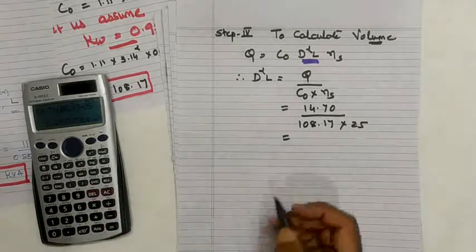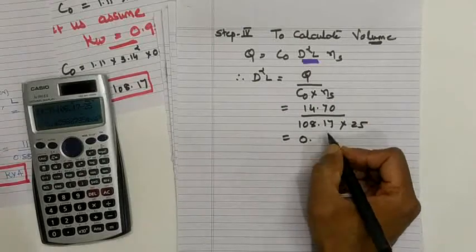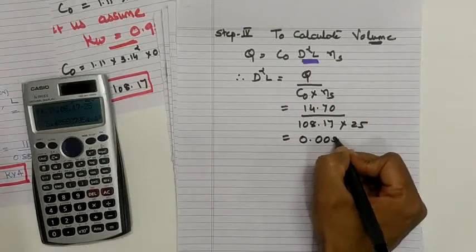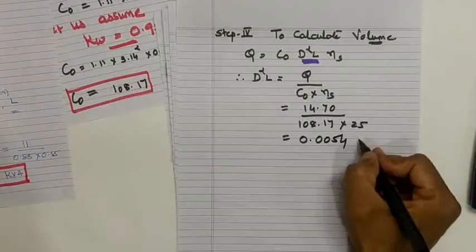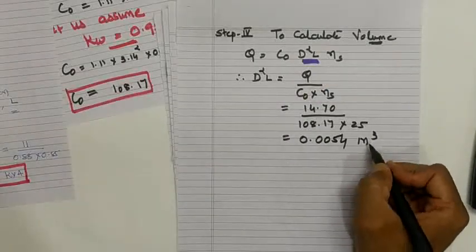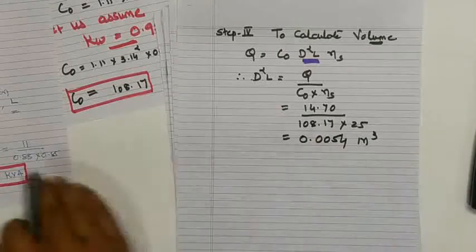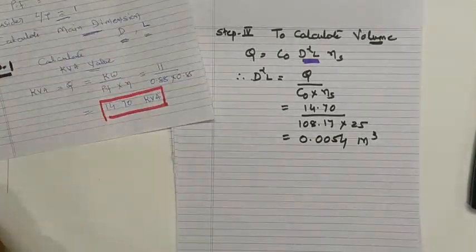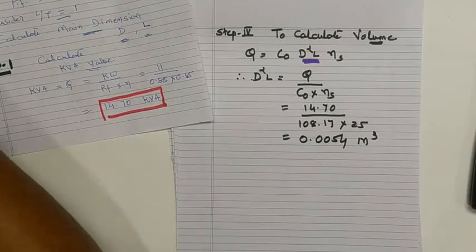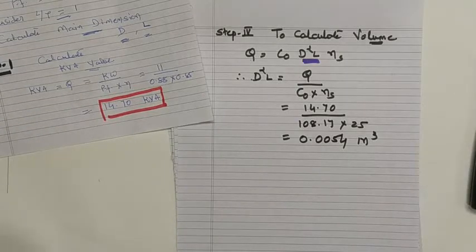So it comes to 0.0054 meter cube. It is volume and it is always in meter cube. So we have calculated our volume.